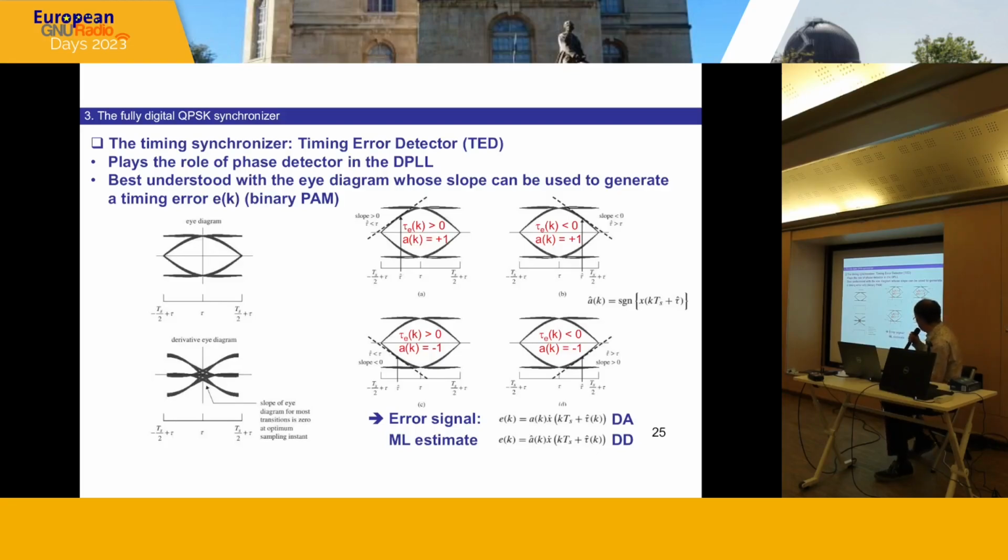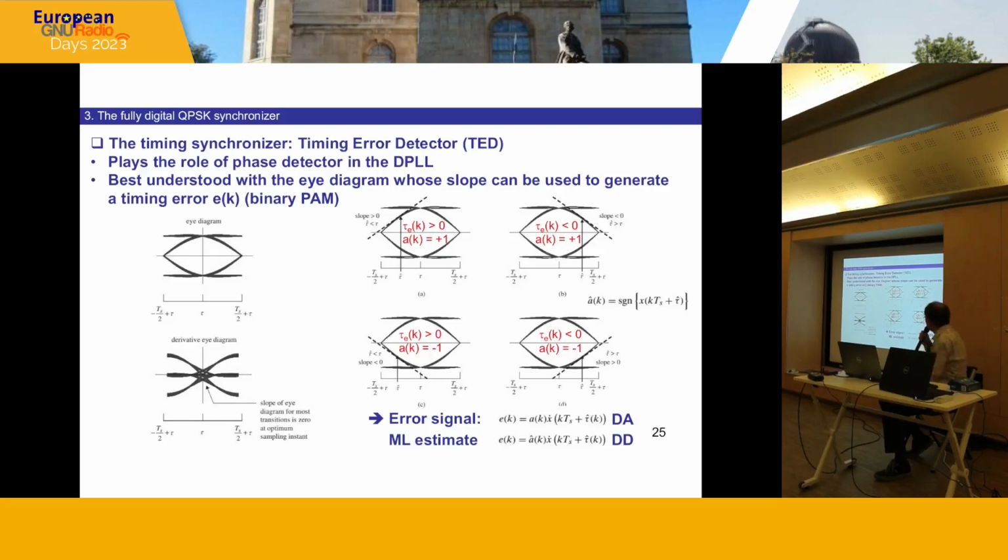On the right are represented the 4 possibilities you can have when you try to get the optimum sampling instant. The error is represented, for example, on the upper left one: you've got an error that's positive because you take your sampling instant too early. So you have to increase your timing, and that's in the case where you've got as data a_k that is +1.